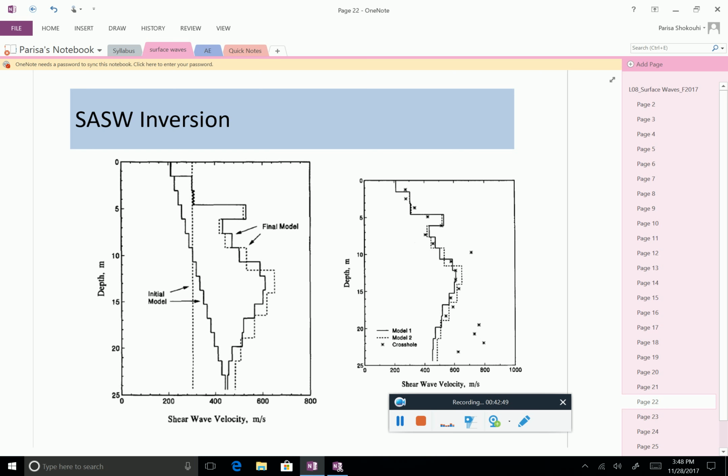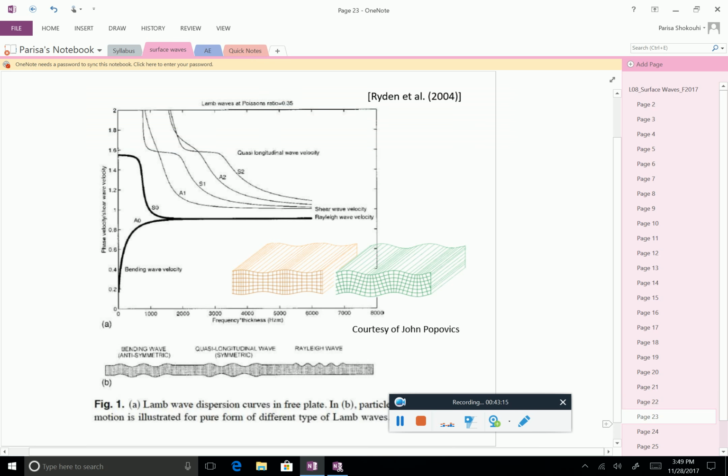No? Okay. Well, you can see that the process of inversion of surface waves, I haven't shown you, but it can be a little bit difficult to get both the thicknesses, the velocities, etc. So people have started to develop other methods, which I introduce first by talking a little bit about Lamb waves.